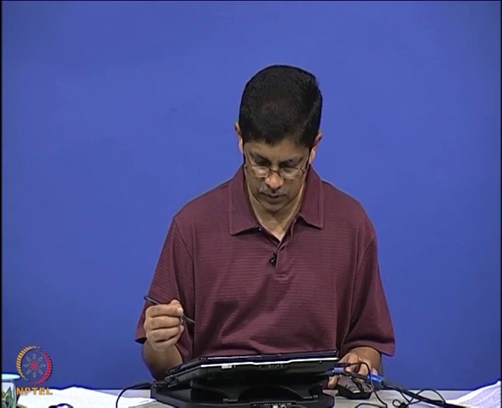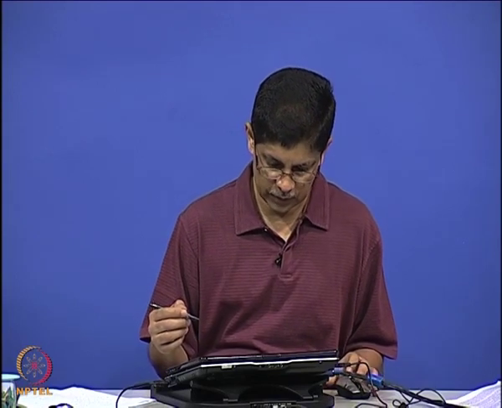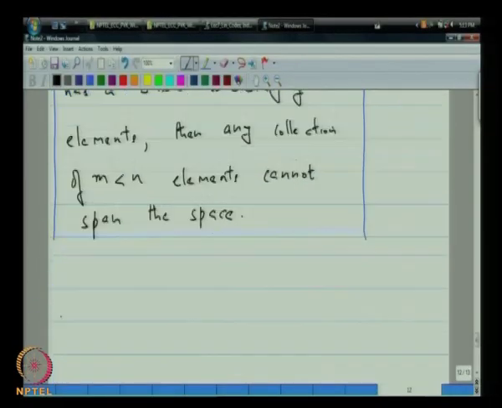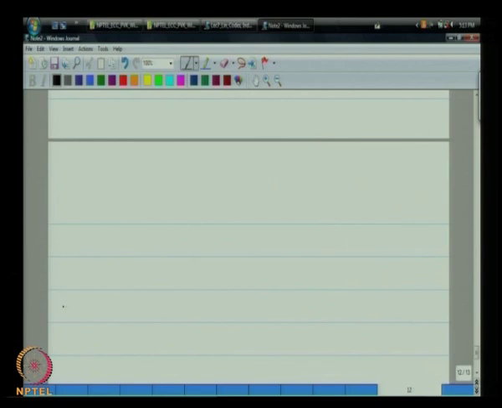Lemma 2 says that if you have a basis that consists of n elements and someone comes with a smaller number of elements, then again without examining them you can say right away that this set cannot span the vector space. I am going to skip the proof in both cases, and then draw a conclusion from these two lemmas.